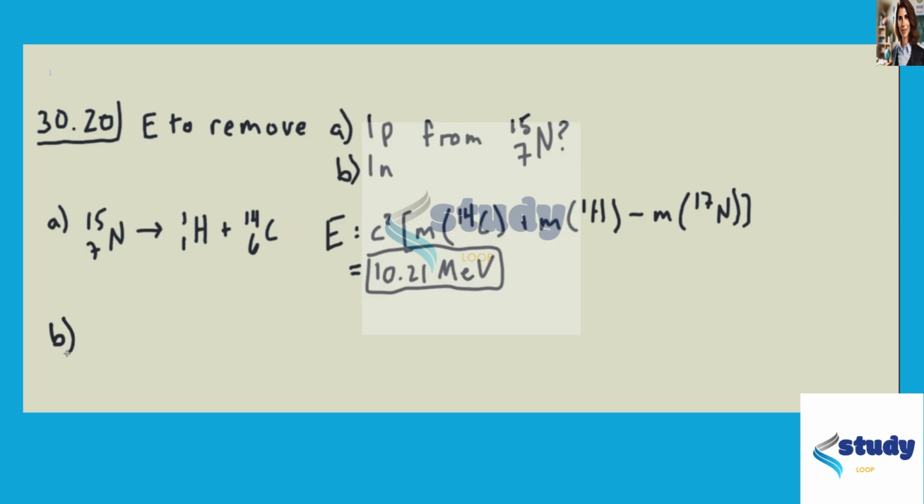Now doing the same for a neutron, we just create another isotope of nitrogen. So the number of electrons doesn't change, and we don't have to worry so much about that. We create a neutron because the number of protons is the same because it's still nitrogen. All the electrons can stay there.